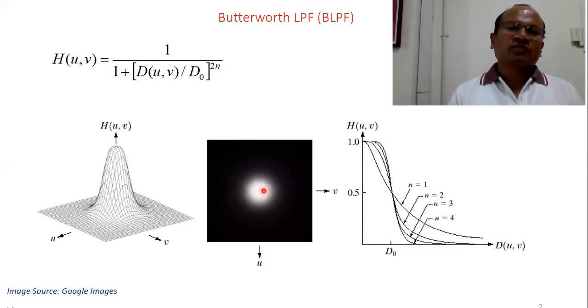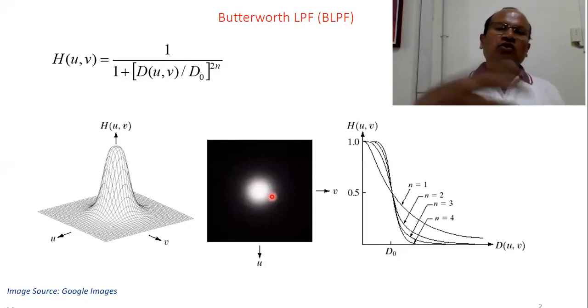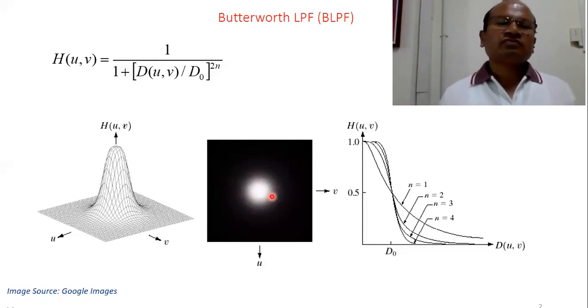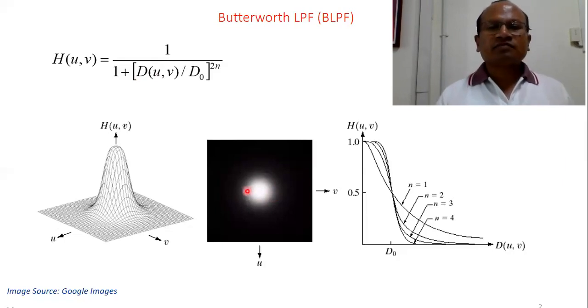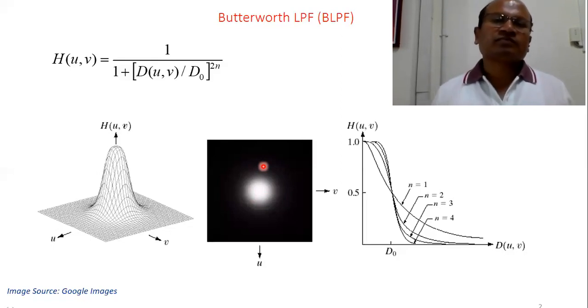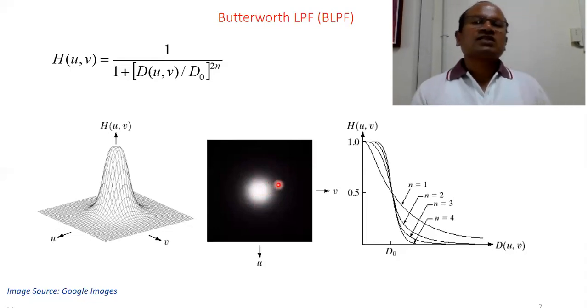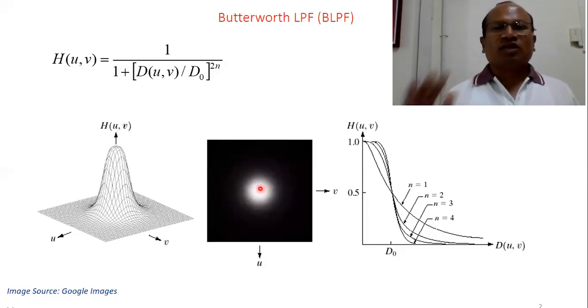Near the center there is a white circle. It indicates that this is the area where signal will be passed. If you switch from white to black, there is no direct transition; the transition takes place slowly.